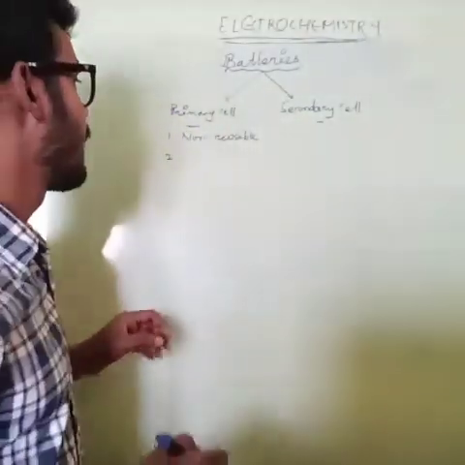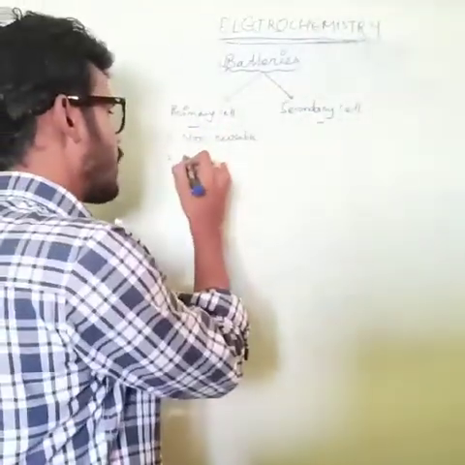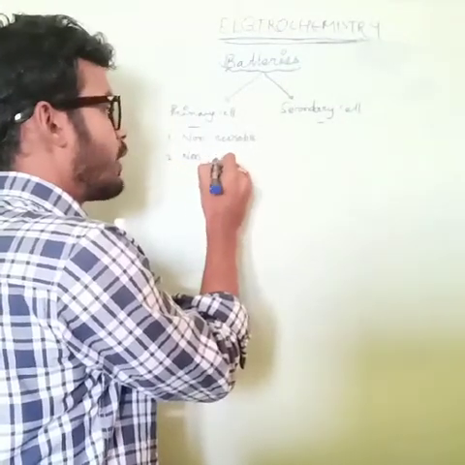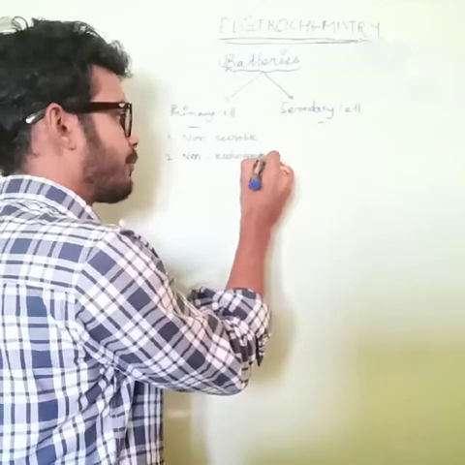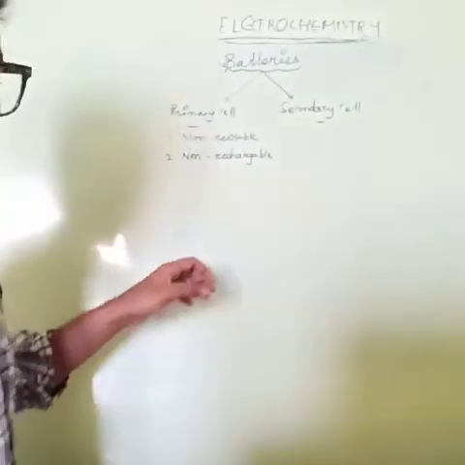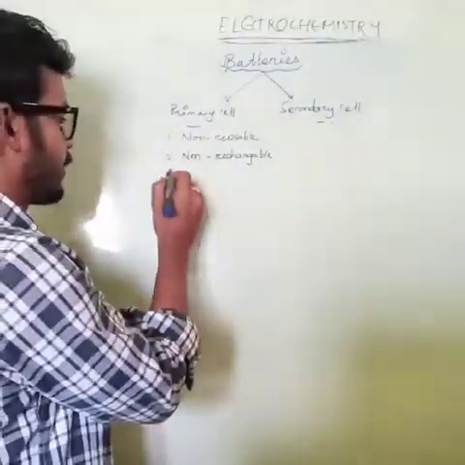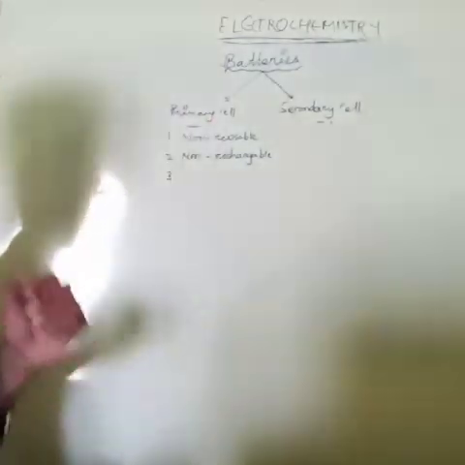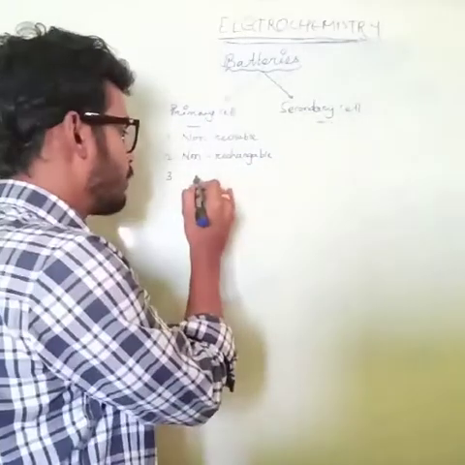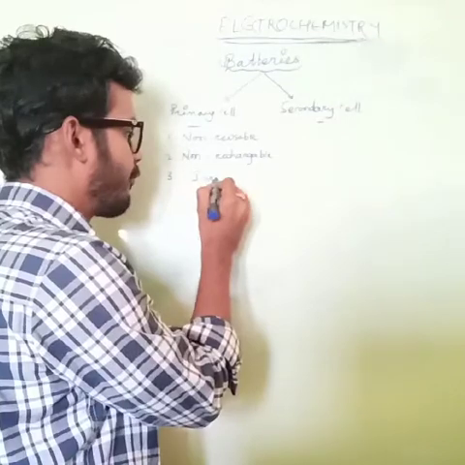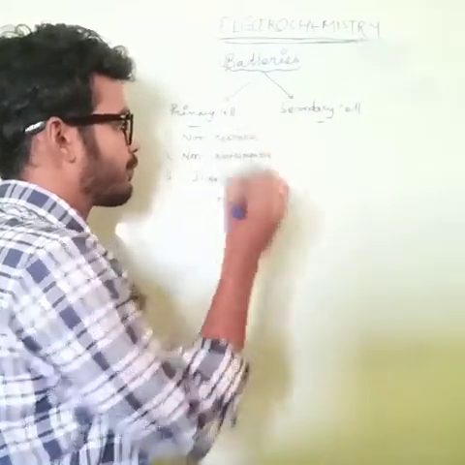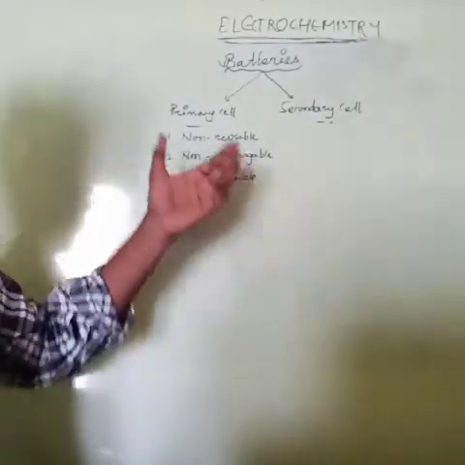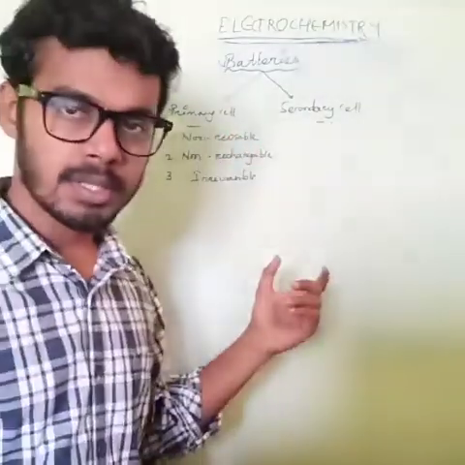Another thing is that these cells are non-rechargeable. Okay. Another thing is that they are irreversible. Okay. So these are the characteristics of primary cell.